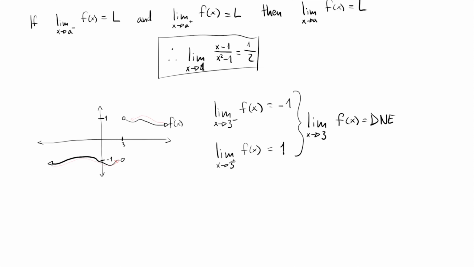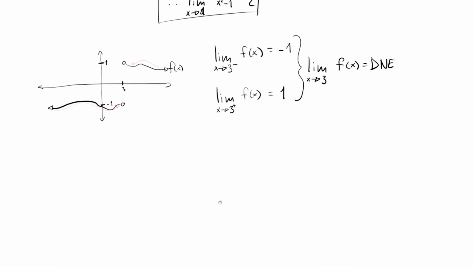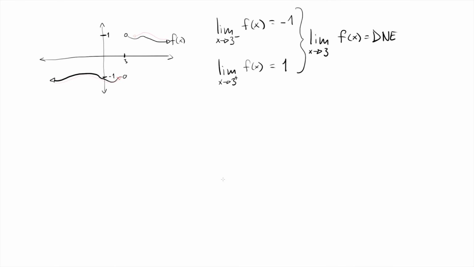And if we get two different numbers, then the general limit does not exist. But its individual limits can exist. Okay, so there's an example of when the limit from the left and from the right do not equal each other, and therefore the general limit itself, because of that, also does not exist. Okay, let's go over one more example here.